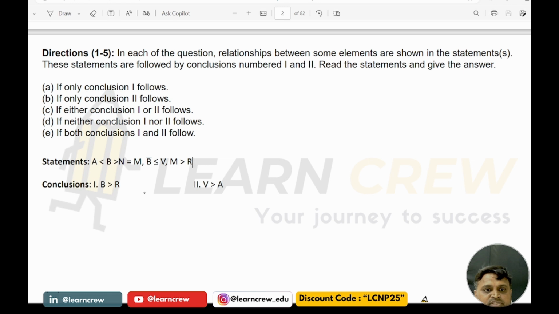The first 5 questions are based on inequality.